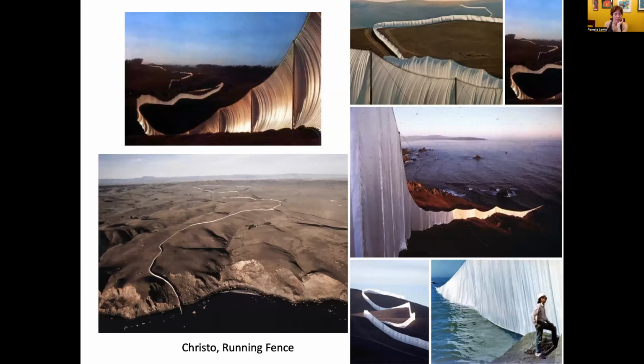Earth artists like Christo also use line. In this case, Running Fence was a ginormous fence that he built through the landscape in Central California. You could see it from space, you could see it from planes. And then here are some images of what it looked like up close. So how to create this sort of drawing on the earth.